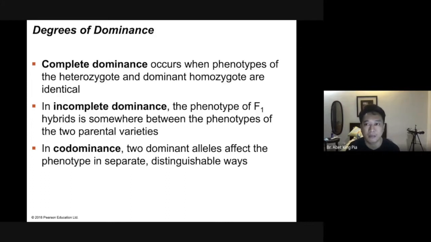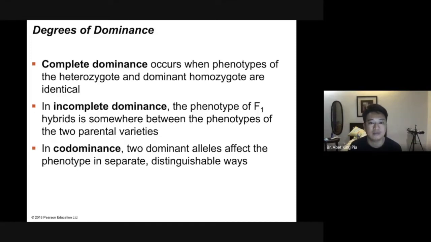Pag may dominant allele, ito yung lalabas na trait or na phenotype. Ito yung ma-observe natin kapag the dominant allele is present, even if it's heterozygous or homozygous. So, ganun yung complete dominance. Yun yung pinresent last week.